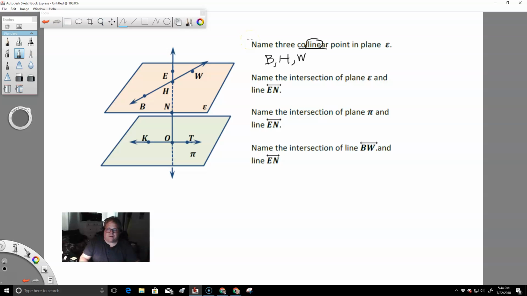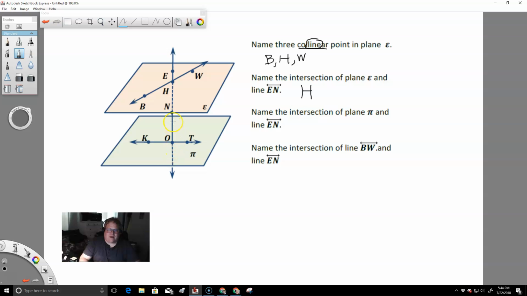So it says name the intersection of a plane and a line, and this line, EN, and that's H. Because remember, EN is the wooden stick that's passing through. Okay, now we go on to the next plane. Name the intersection of plane pi, so now I'm in the lower plane, and EN.